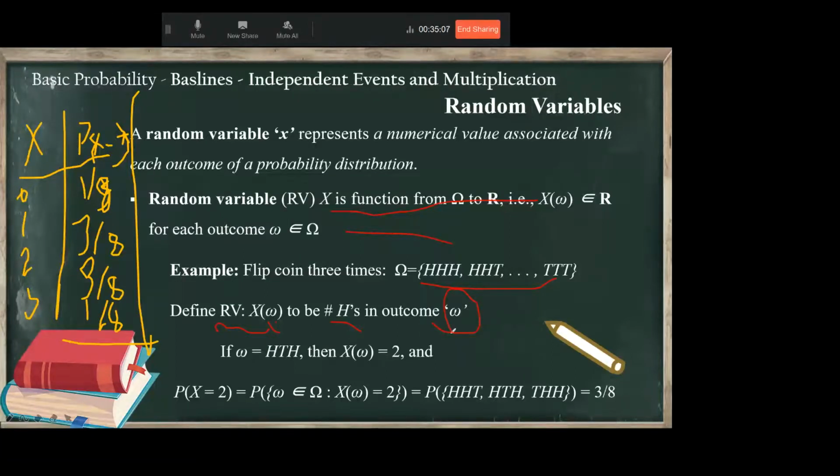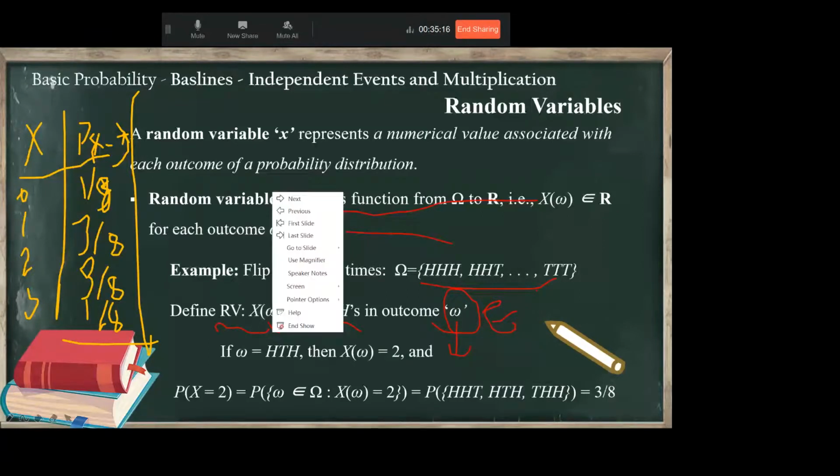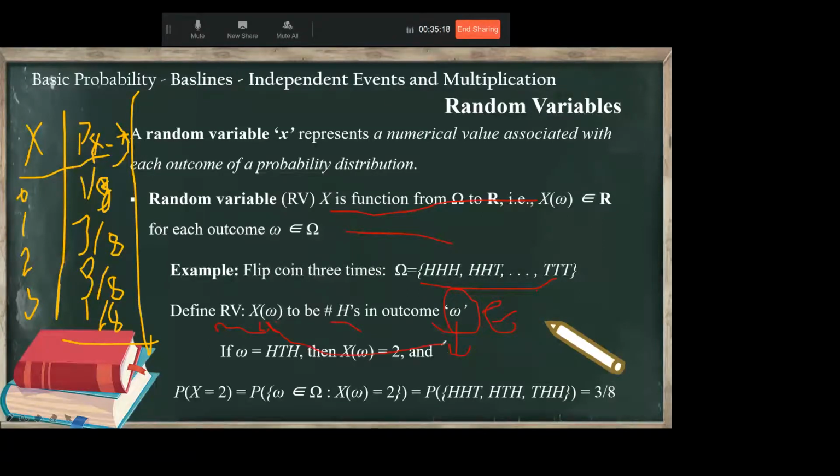Now this w is an outcome which belongs to the sample space. So this is the event, and this is the value. X is a value from that event, right? So the number of heads is from the event of having heads. Do you understand that? So if w is this, then what is the random variable? It's 2. And what is the probability? You can say 3 by 8. Do you understand?